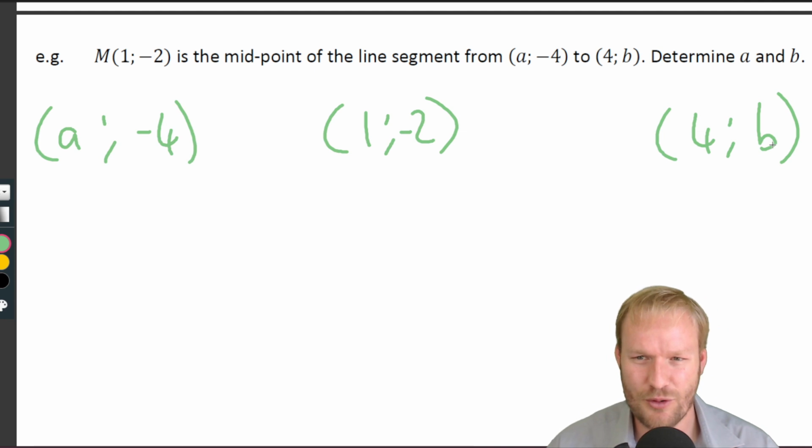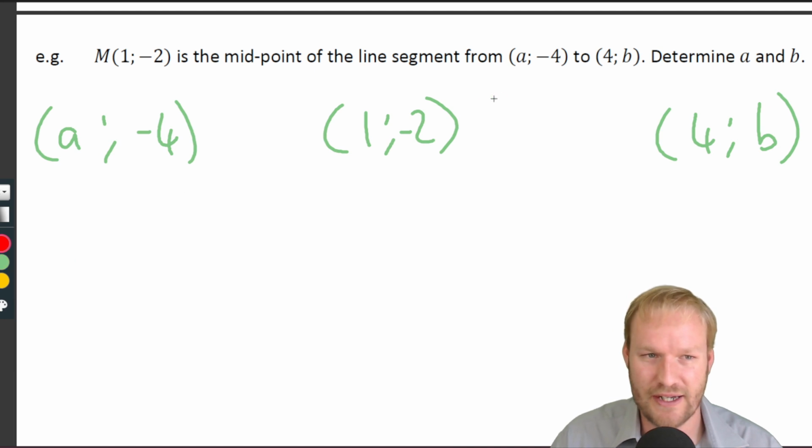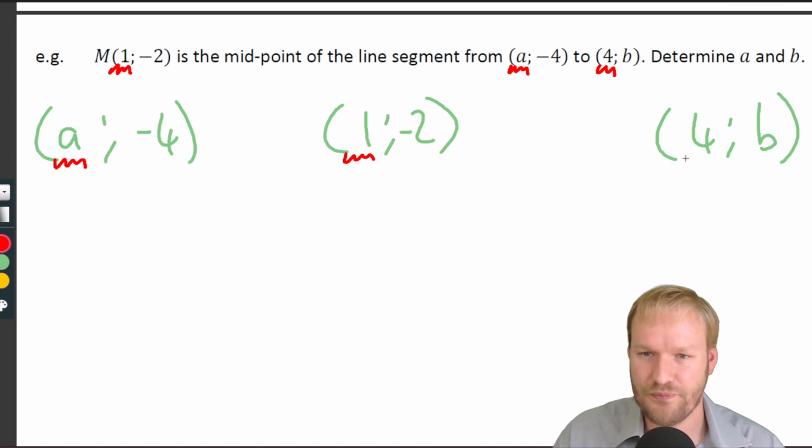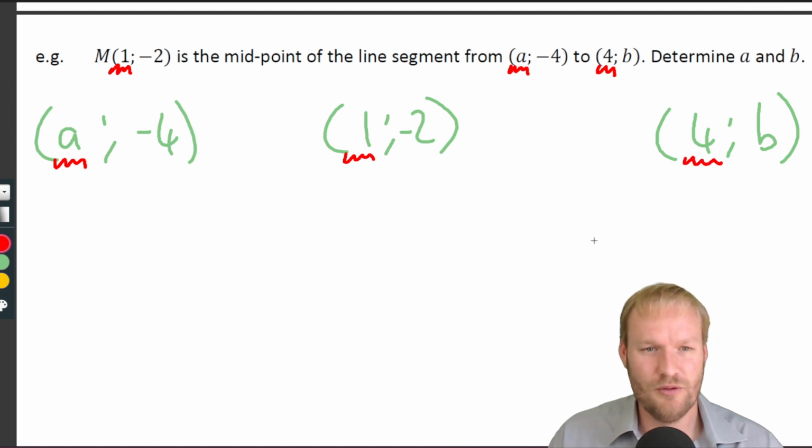Remember that we can work with X and Y independently of each other. So let's start with our X values. I'm going to squiggle and underline here, just the X values. Well, the distance between A and 1 must be the same as from 1 to 4.